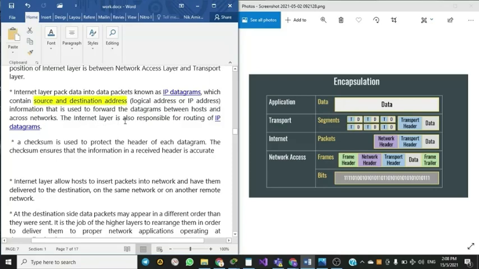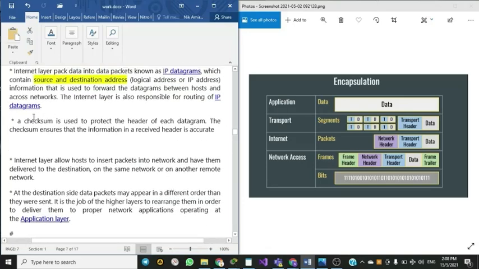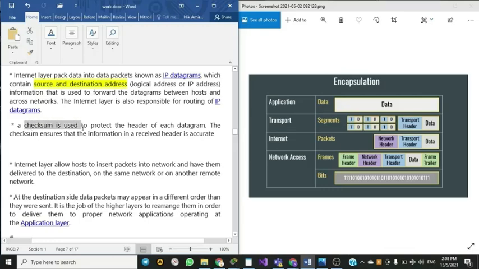The Internet layer is also responsible for routing of IP datagrams. It also uses a checksum to protect the header of each datagram. So in each header we will have a checksum, to ensure the information received is accurate.